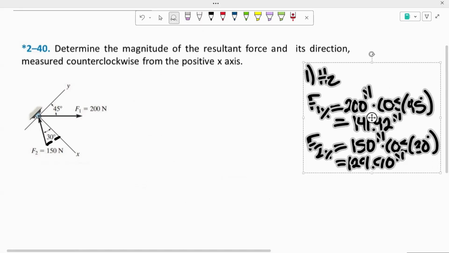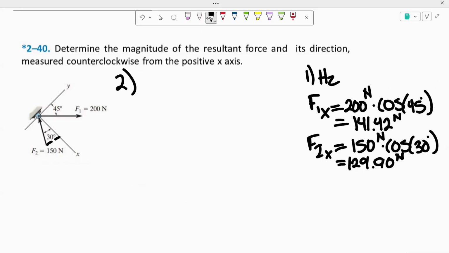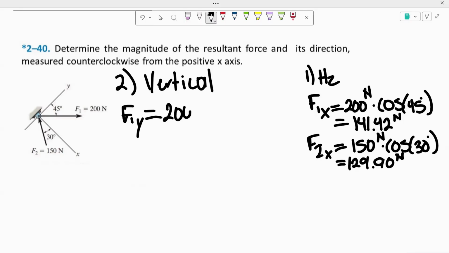So now we're going to find the vertical components of each force. We start off again with F of 1. So F of 1 of y, since we're trying to find the vertical component now. We have 200 newtons times, and this time we're going to use sine instead of cosine. Once again, this is our triangle right here.